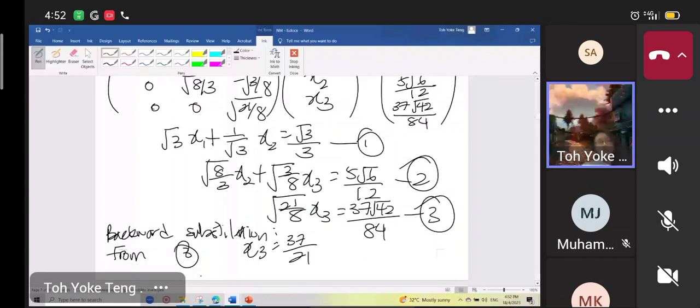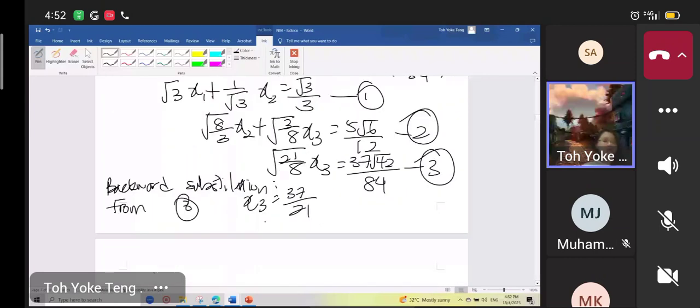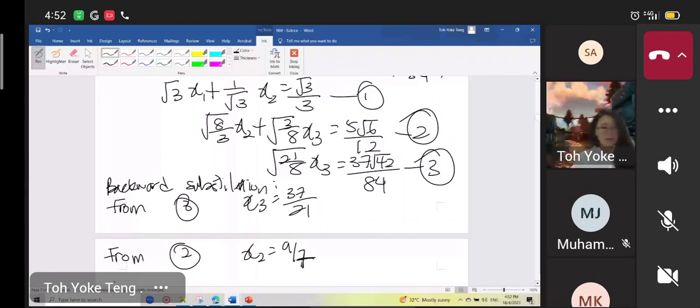Maybe here I didn't discuss with you in detail, since it is just the same thing, the difference is that here you decompose it into lower triangular and its transpose, and make sure that the matrix fulfills the condition for symmetric positive definite. So once you get the x3 value, substitute it to the second equation, you will get this value. And then just the same thing, you substitute it, you will get negative 2 over 21.